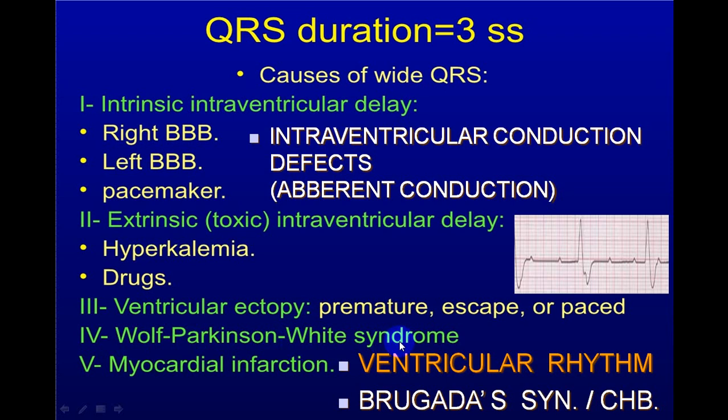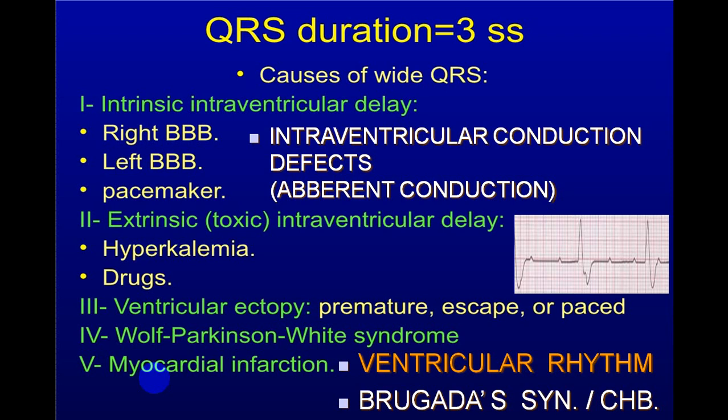In Wolff-Parkinson-White syndrome you will have a broad QRS complex with a delta wave and a short PR interval. In myocardial infarction also, particularly if it is on the anterior wall, anteroseptal myocardial infarction, a good number of times the QRS complex is a little broad.